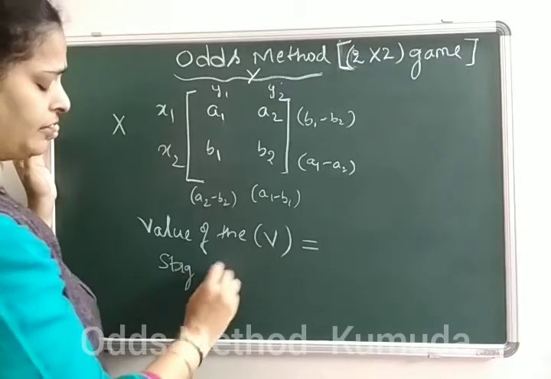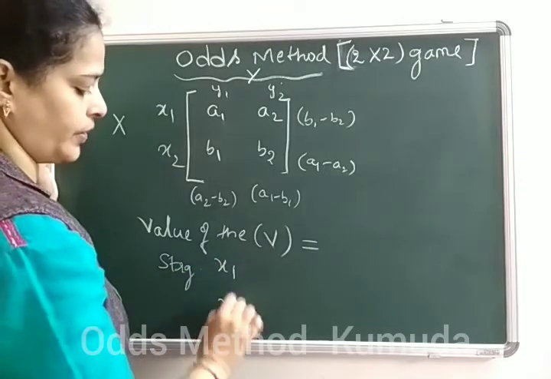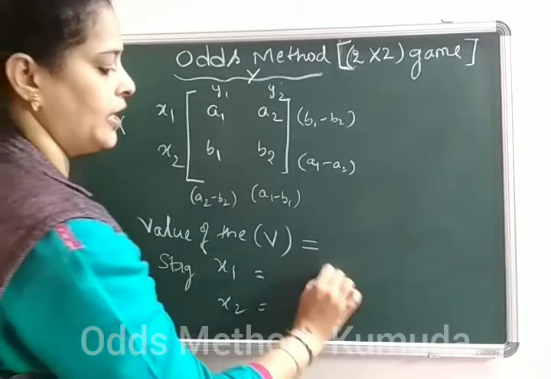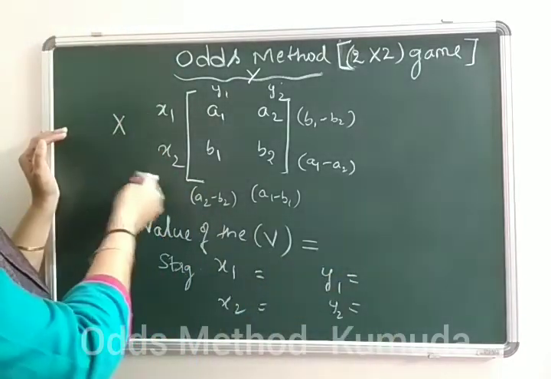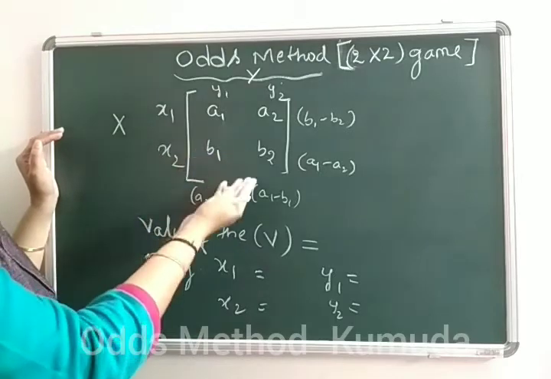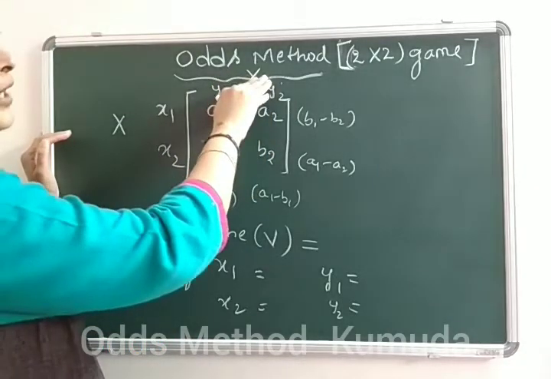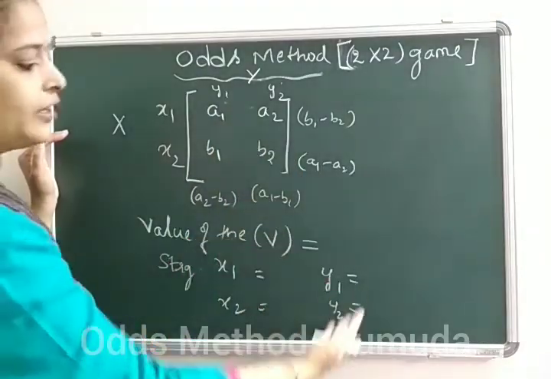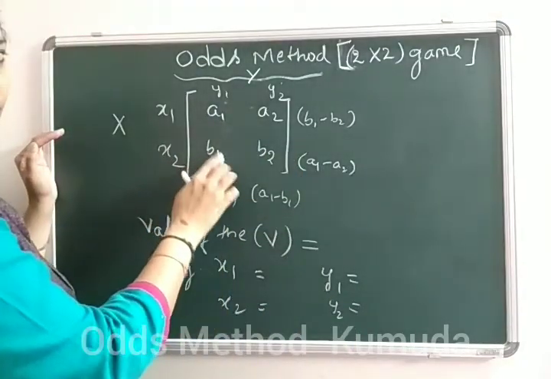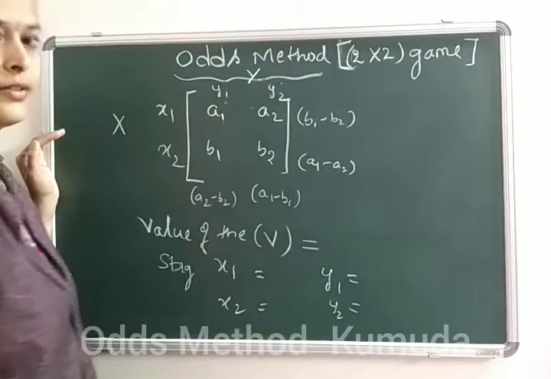So how do we find strategies? We have formulas for X1, X2, and for the strategies Y1 and Y2. That means to say even the player has two strategies because it's a 2x2 game, and even the opponent has two strategies called Y1 and Y2, and we try to find all these using just the simple way of finding the odds.